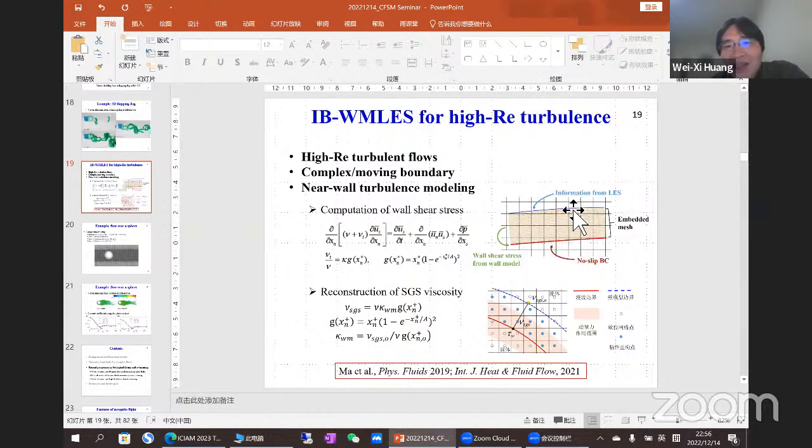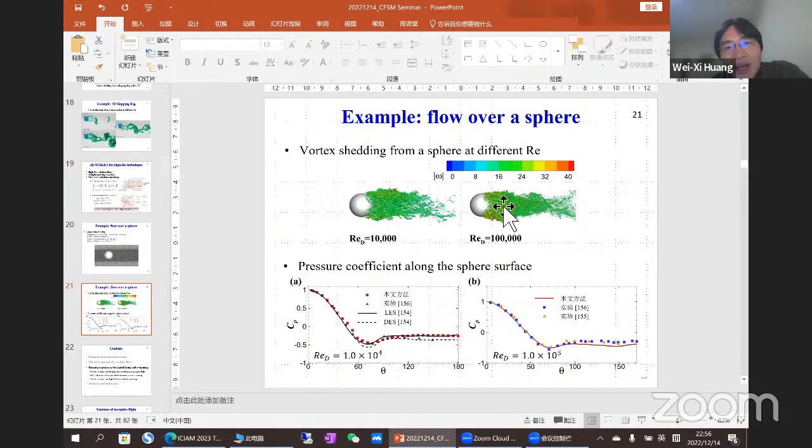At the higher region, it is solved by LES and finely resolved. So very close to the wall we use a wall model, but higher up it is finely resolved, so we can get the fine vortical structures in the flow field.